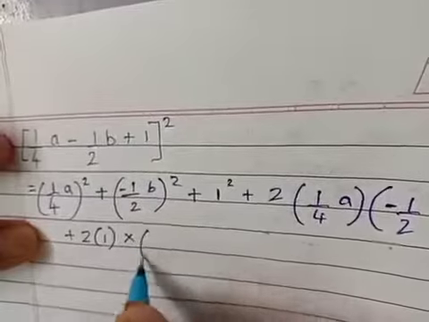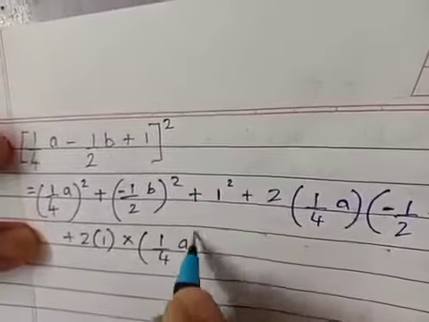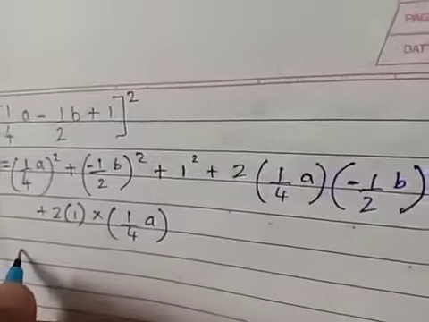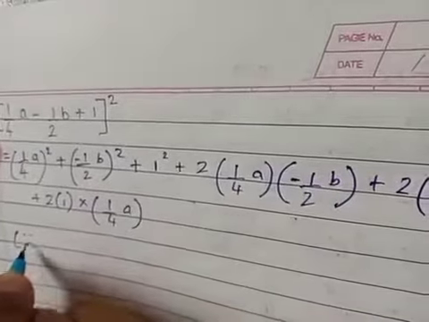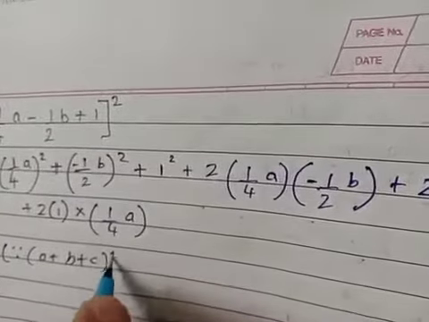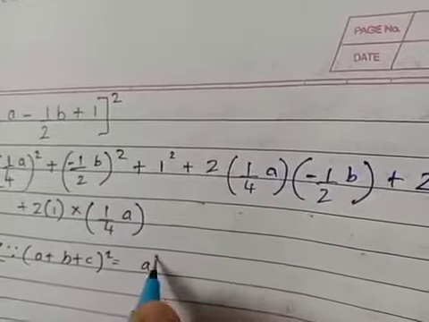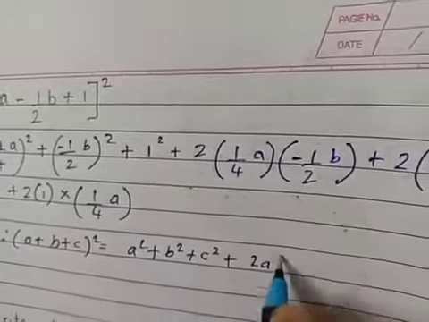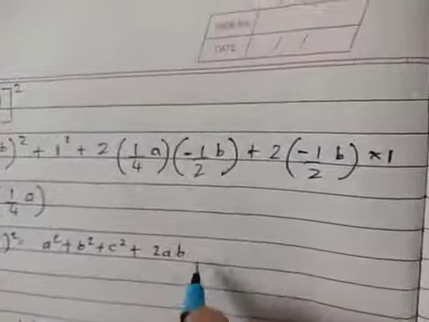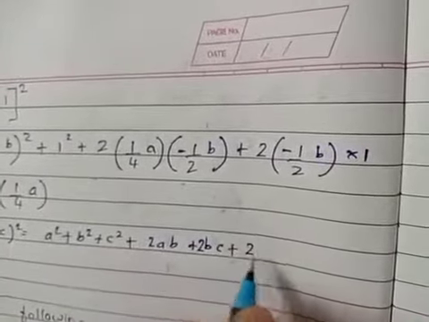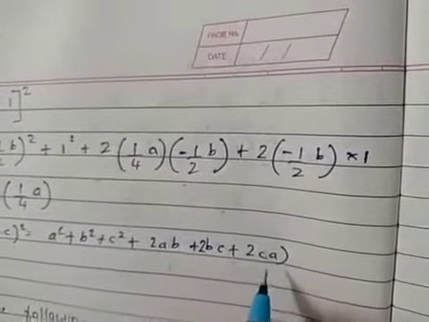What is a over here? 1/4a. If you remember that formula, right? Because we will write the formula a plus b plus c the whole square equal to a square plus b square plus c square plus 2ab plus 2bc plus 2ca.